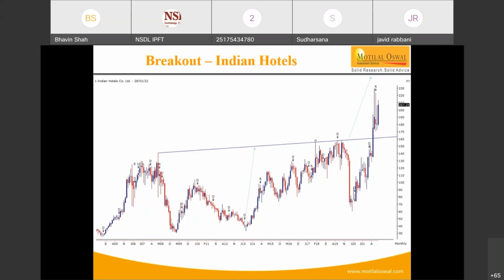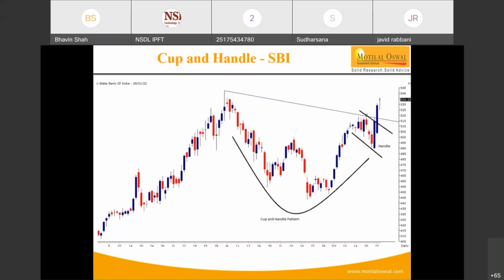The next comes the cup and handle. Here we have seen a very rounding sort of pattern formed, and then the stock moved slightly higher and again drifted lower, which I have shown in the parallel lines called the handle.